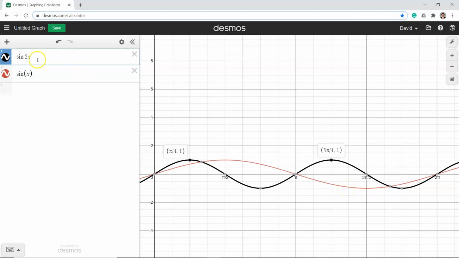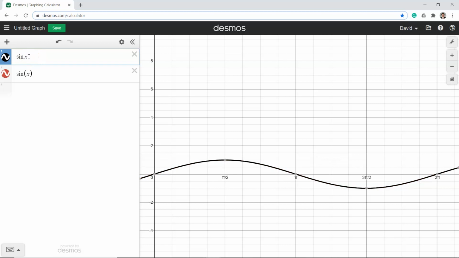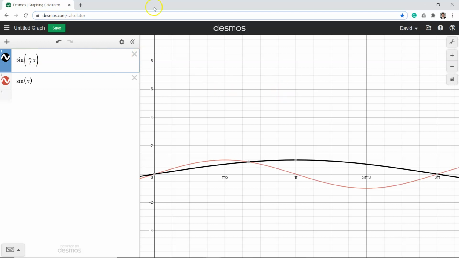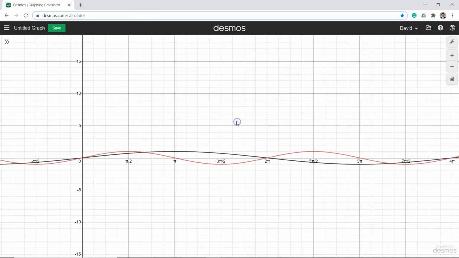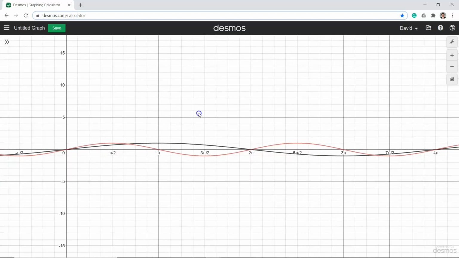So what happens if we multiply this by a fraction instead of a whole number? This is really hard to see.